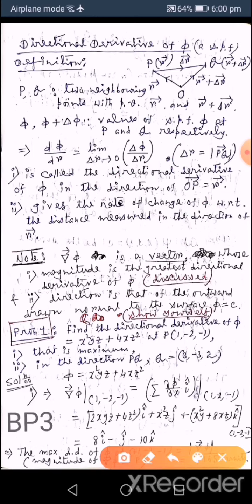The magnitude of grad phi at the point P is the greatest directional derivative of phi at P. So first find out grad phi at the point P: del phi by del x i cap plus del phi by del y j cap plus del phi by del z k cap at (1, minus 2, minus 1), which gives 8i minus j minus 10k.